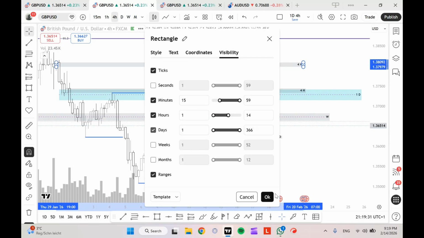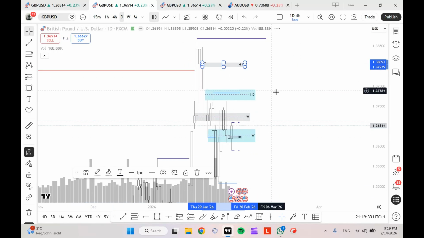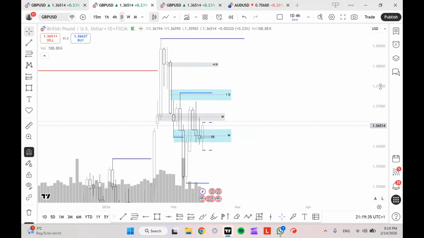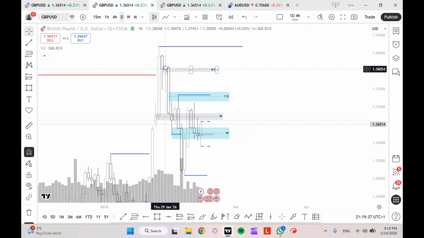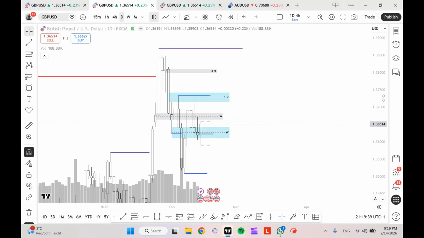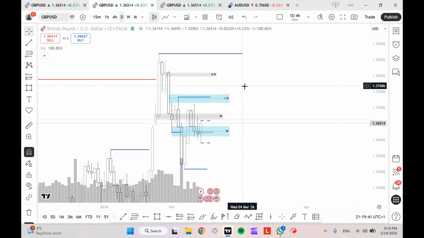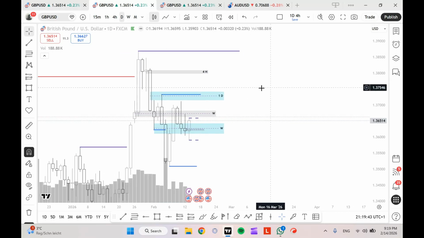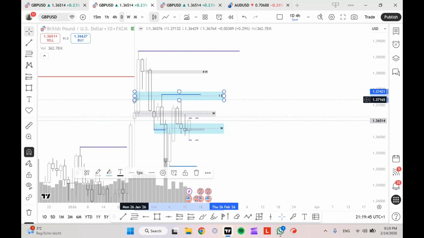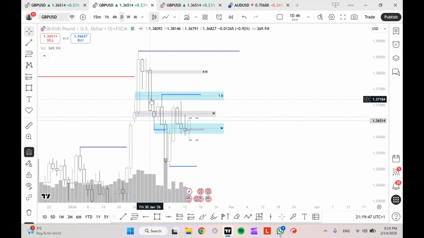Making it visible on daily, it's matching pretty much with this order block on daily. I'll call it an order block, but it's not necessarily an order block. Also this imbalance is strong because it's matching with this inverse imbalance, so there are a lot of confluences.